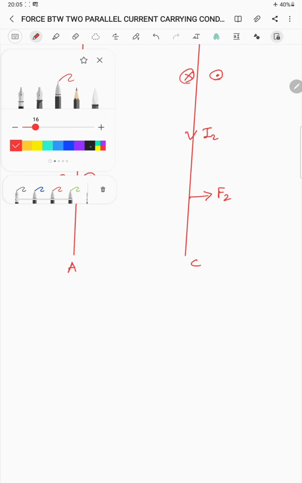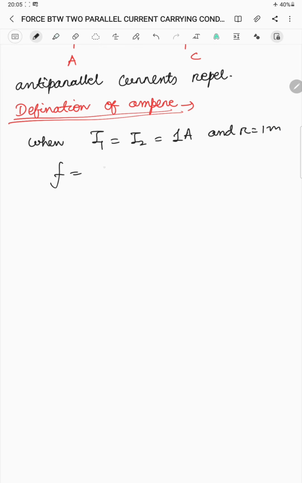So when I1 is equal to I2 is equal to 1 ampere and R is equal to 1 meter, then your F will be equal to how much? Mu naught by 2 pi, which is equal to 2 into 10 to the power minus 7 Newton per meter. So basing upon this, we will be defining it.